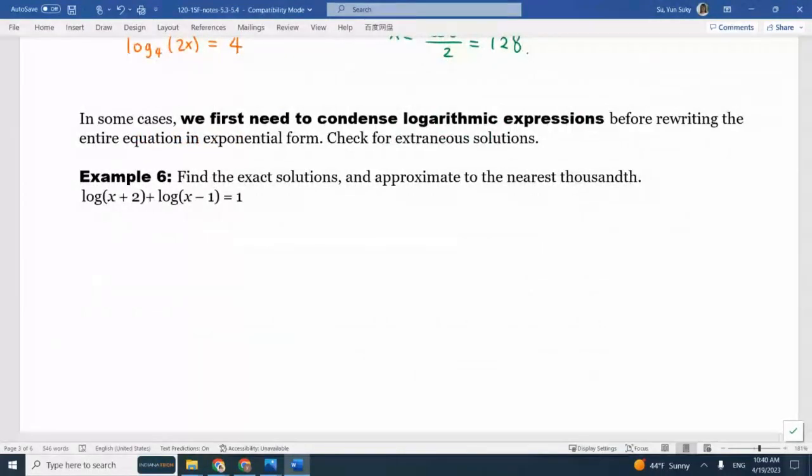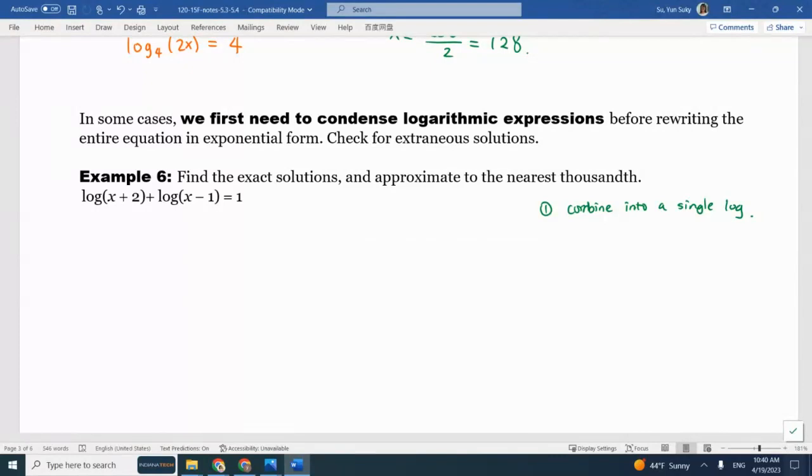So like this problem, you want to combine into a single log. And when you see a sum, you combine into a product or a quotient? Product.